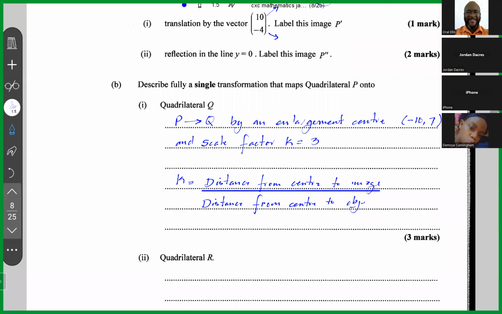So it's the distance from the center to the image divided by the distance from the center to the object. All right.